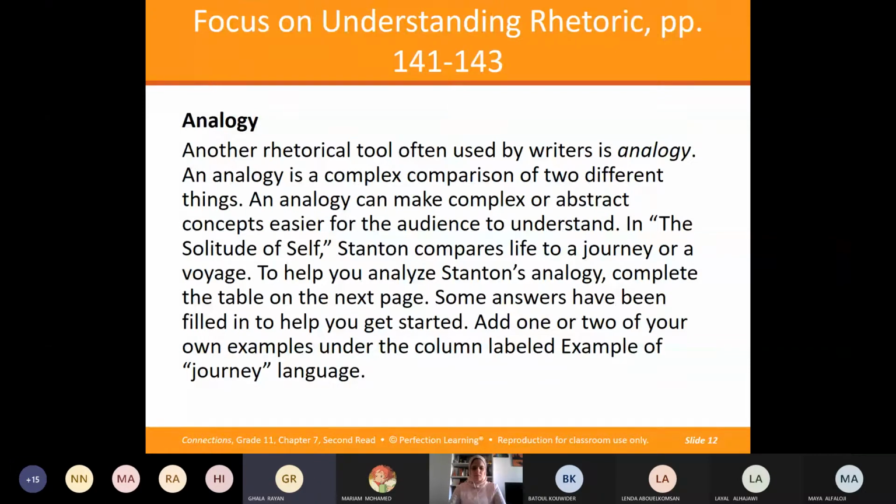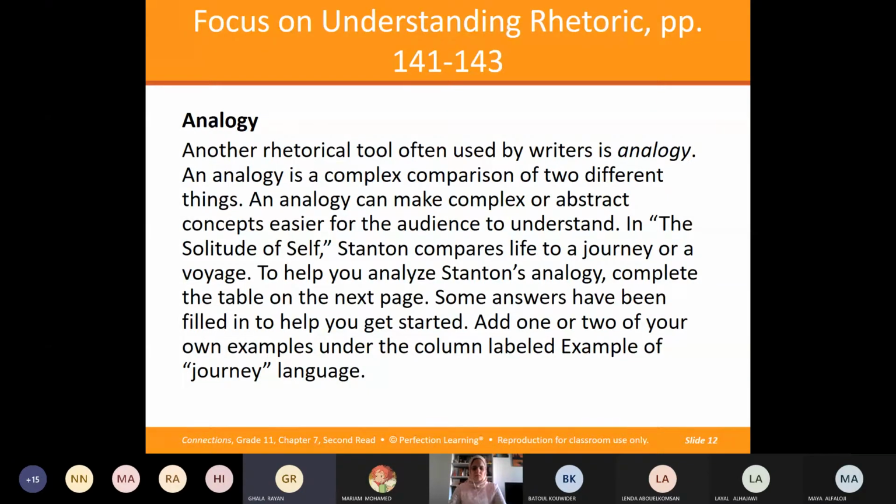In the Solitude of Self, Stanton compares life to a journey or a voyage. To help you analyze Stanton's analogy, complete the table on the next page. Some answers have been filled in to help you get started.